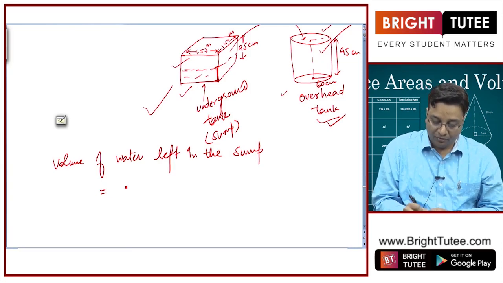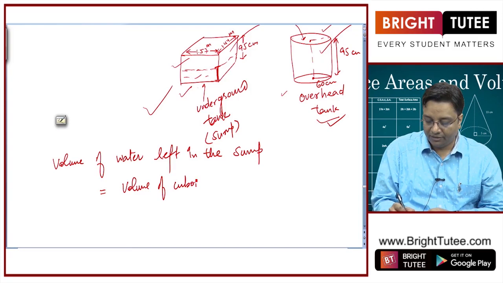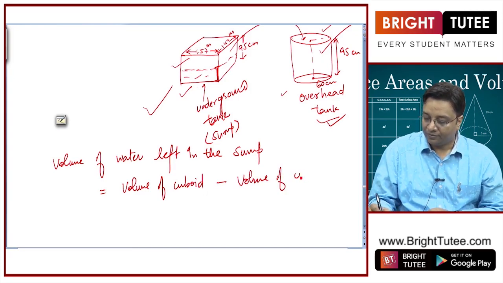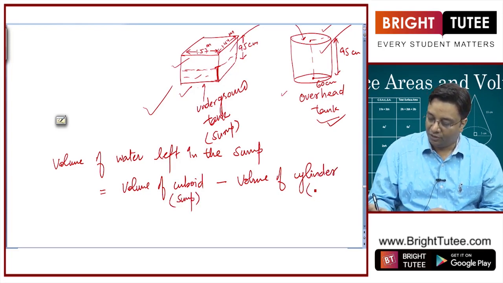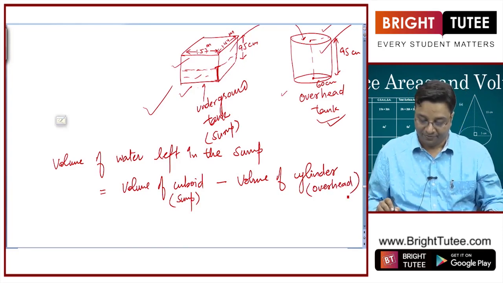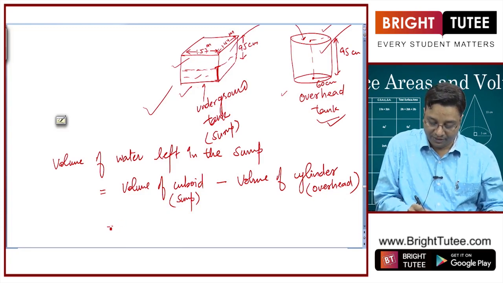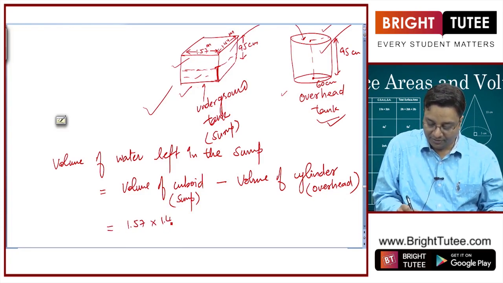It will be equal to volume of cuboid minus volume of cylinder, or you can write volume of sump minus volume of overhead tank. So volume of cuboid is length into breadth into height.